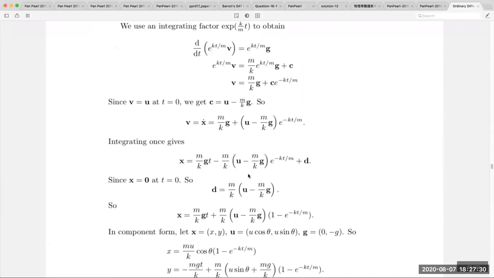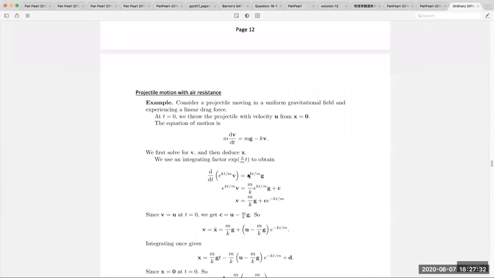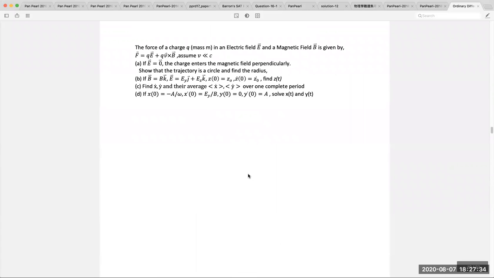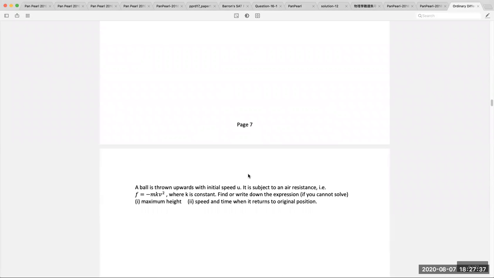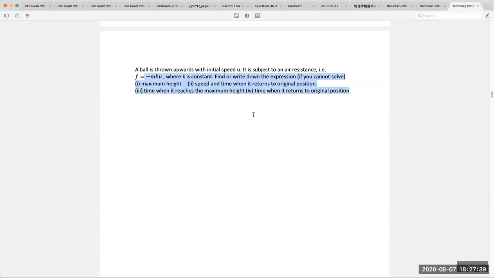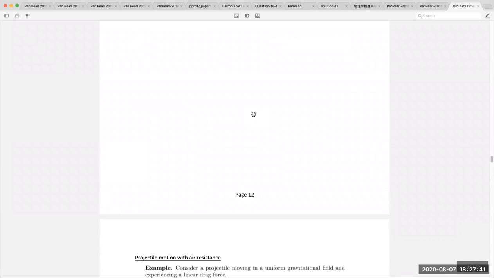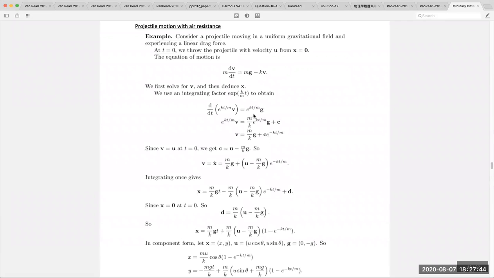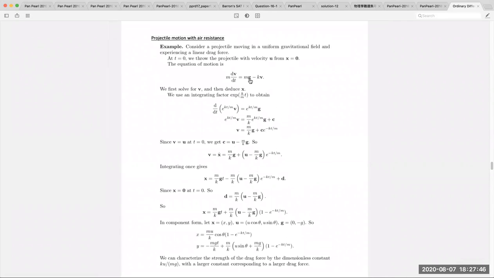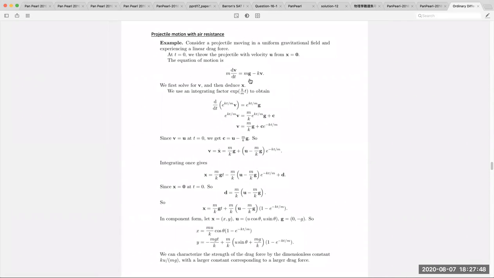This one is quite similar to the question we did before, but this one is a projectile motion. This is a very special case. You can have a look at the solution. Now, solve it considering v as a vector without decomposing the components. So this is a very special method to solve it.